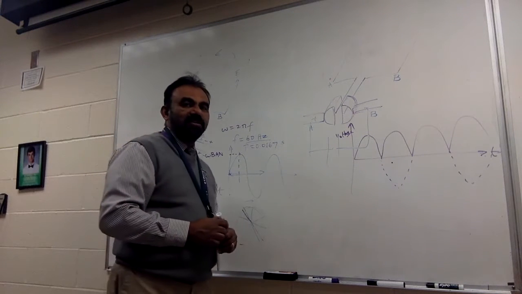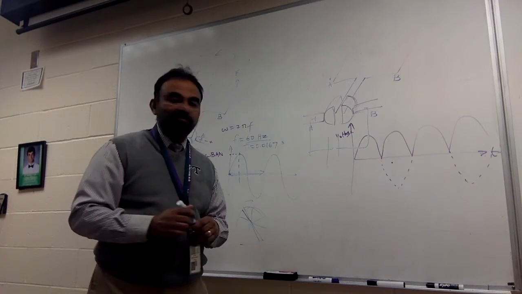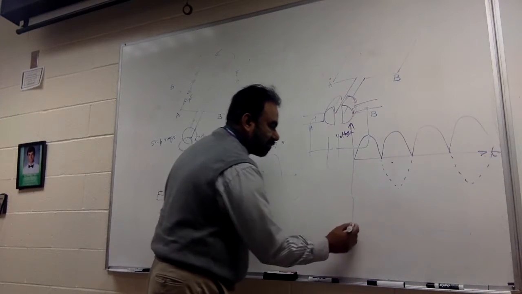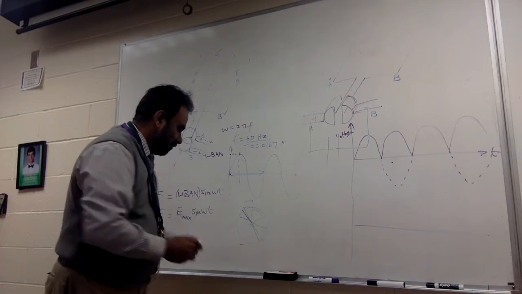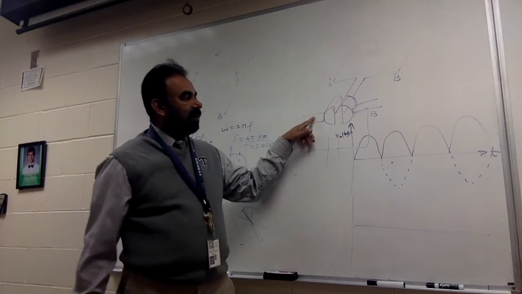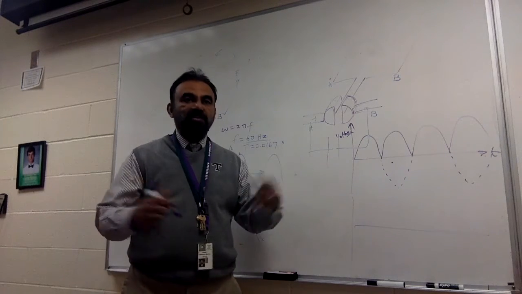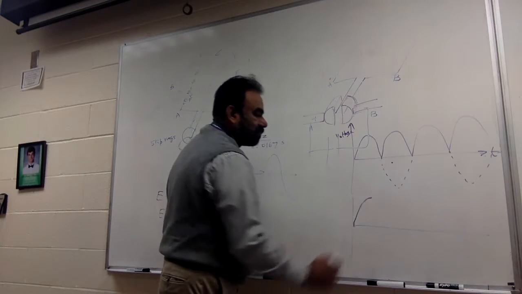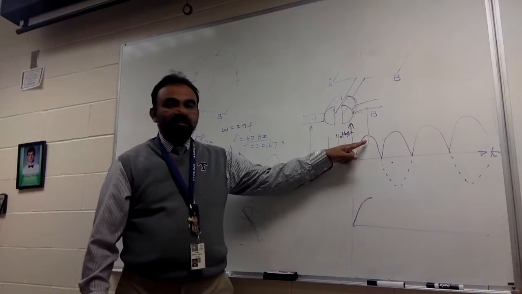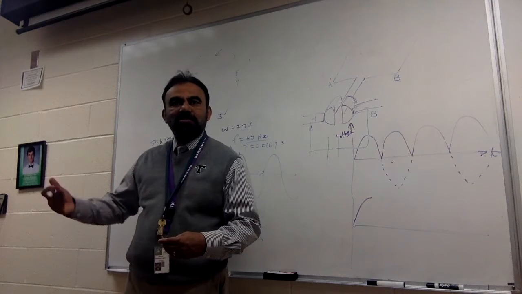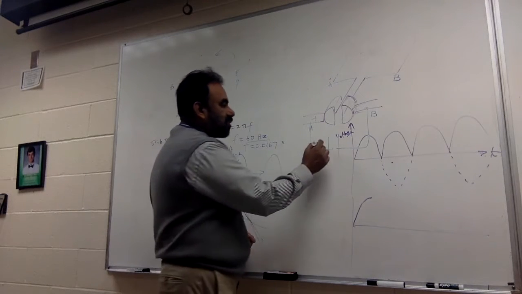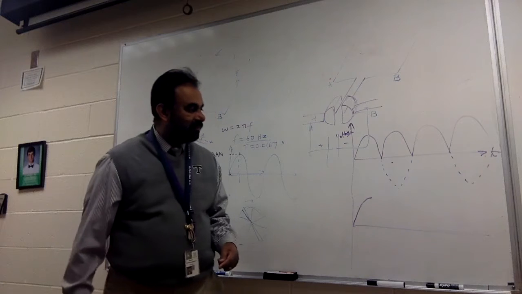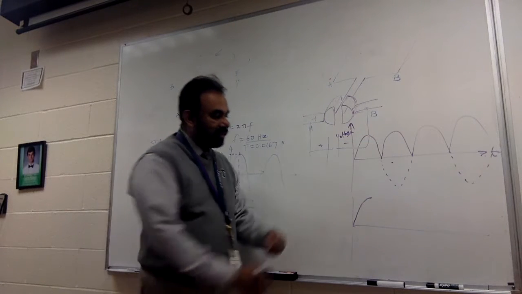So what happens now? If you connect a capacitor across the output, what happens now? The capacitor will charge up. So that means as soon as the first part of the cycle comes in, the capacitor is getting charged. So the capacitor charges plus minus. Then what happens at this point?